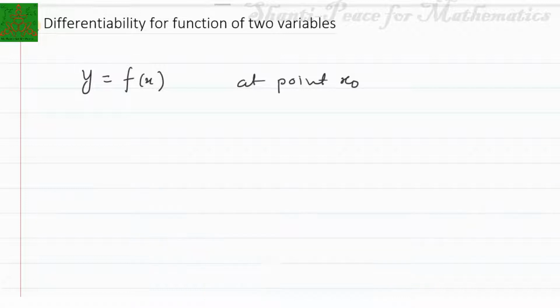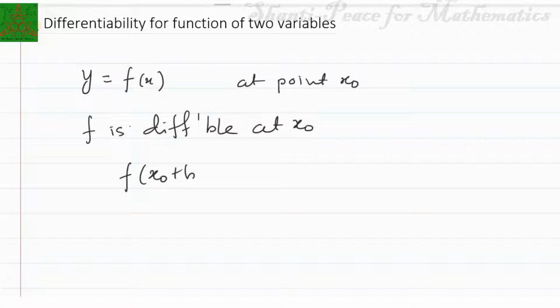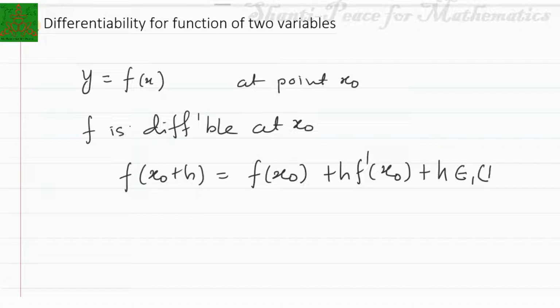Analytically, we say that if f is differentiable at point x0, it is equivalent to saying that f of x0 plus h is equal to f of x0 plus h into f dash of x0 plus h into epsilon 1 of h, where epsilon 1 of h is a function of h that tends to 0 as h tends to 0.